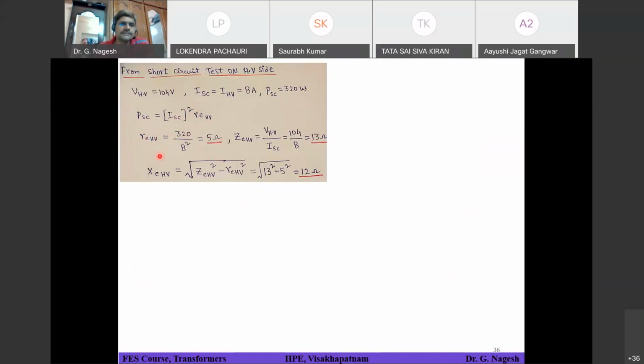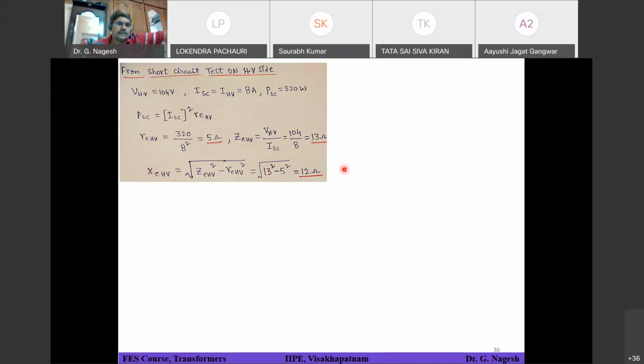Remember that this is not specific to one particular winding; it is the equivalent resistance referred to the HV side. ZEH is V by I, so you have got 13 ohms. From that you can calculate XEH using root of 13 square minus 5 square, so 12 ohms. This is the information you can get from the short circuit test.